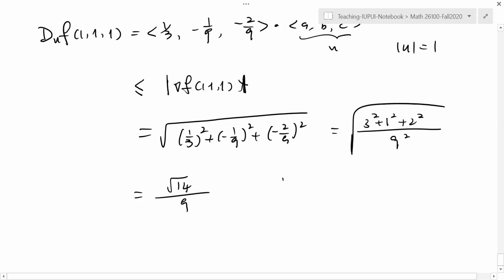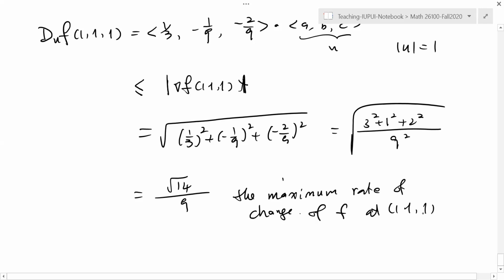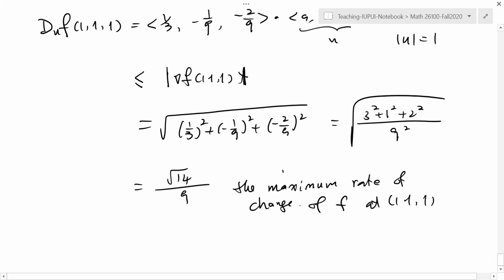So that is going to be the maximum rate of change of f at that point, over 9. And it occurs in the unit direction.